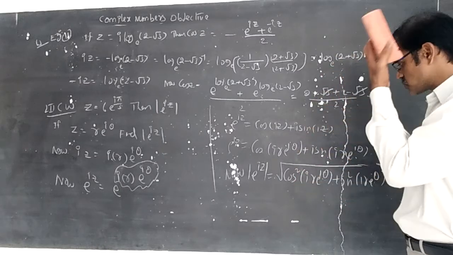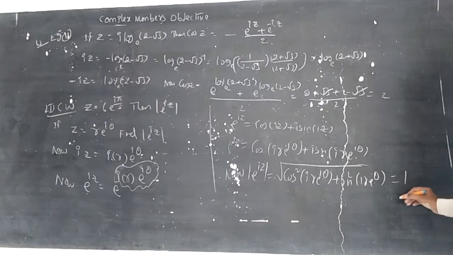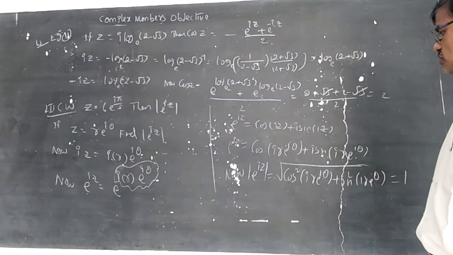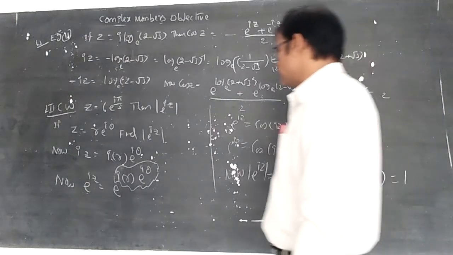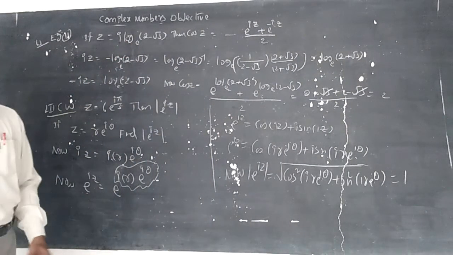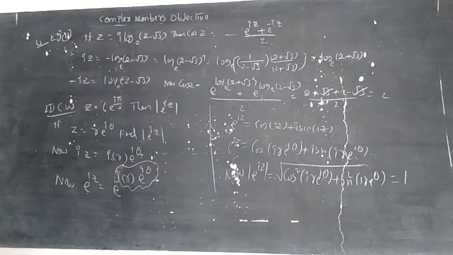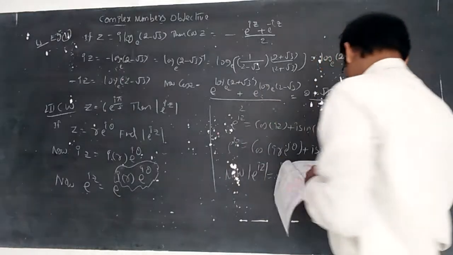Of course, cos square anything it becomes 1. Maybe somewhere wrong. So modulus of e power iz is equal to 1. Option is not there. It is not correct.